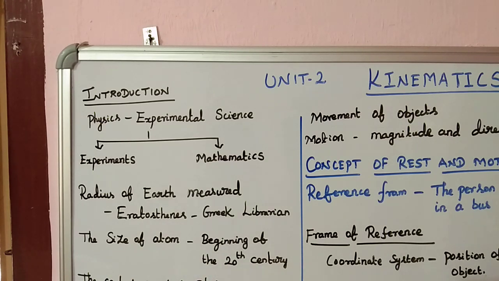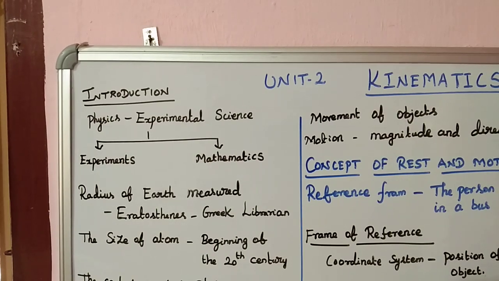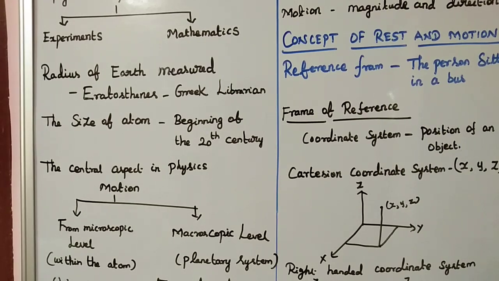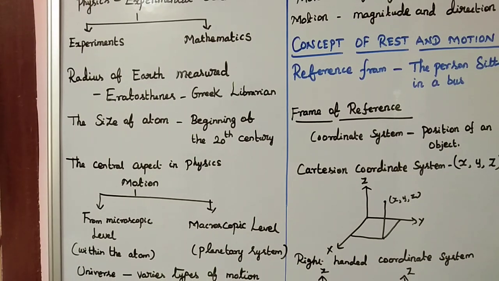This is all the basics of motion, but the central concept in physics is motion, meaning movement. Motion is divided into two parts: the microscopic level and the macroscopic level. If the motion is within the atom, it is the microscopic level.